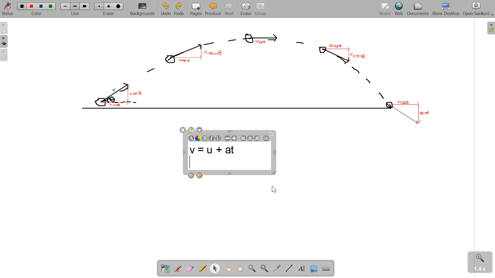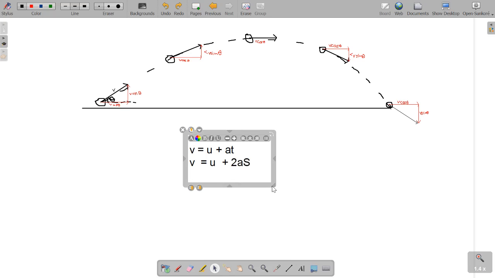The second one is v squared equals u squared plus 2as.